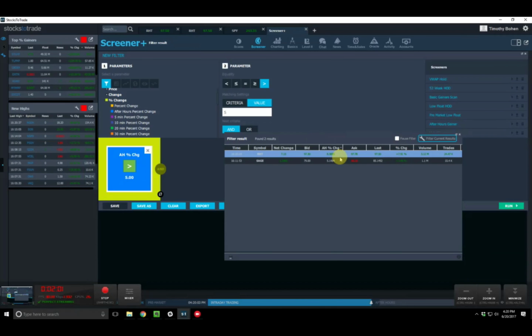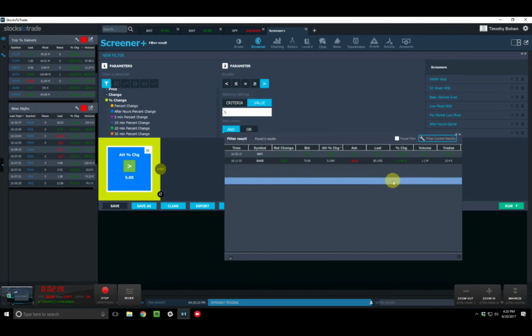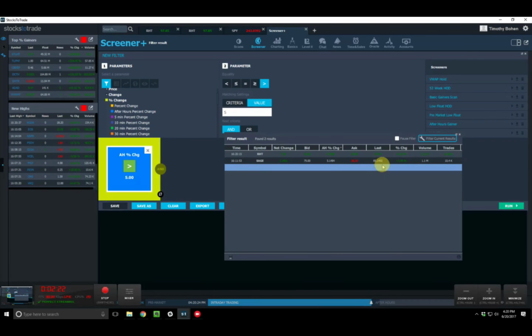Now, what does it allow me to do in real time? Keep in mind, this is only going to catch stocks that you're screening for right now. It's a real-time screening criteria. So once a stock, like Red Hat, Sage is there too, but Sage is low volume, once a stock hits 5% after hours that has a price greater than 50 cents and has traded more than 1 million shares on the day.